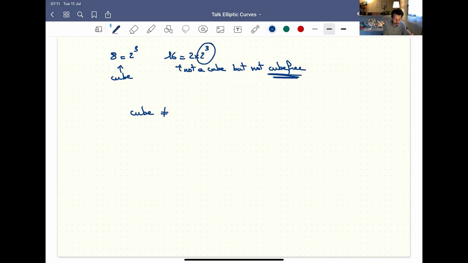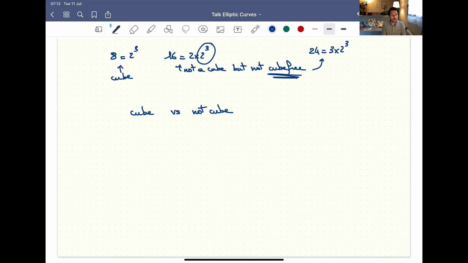You have the first distinction, that's cube versus not cube. But you see 24, for instance, is also 3 times 2 cubed. It's not cube free, but it's not a cube. But 2 appears 3 times in the decomposition. Sometimes, for some problems, this is too many.